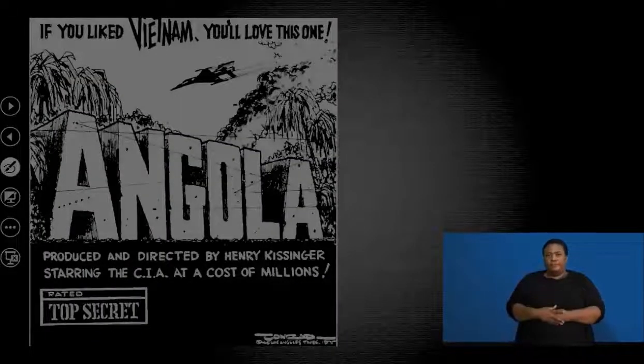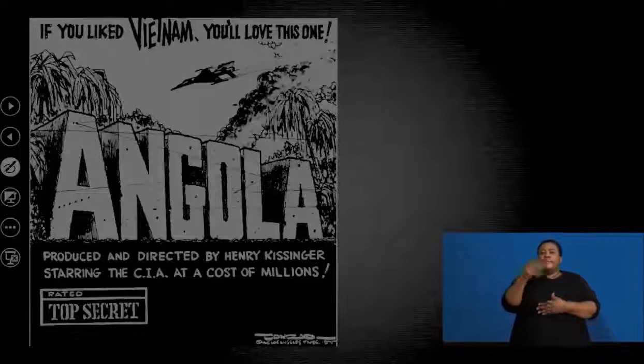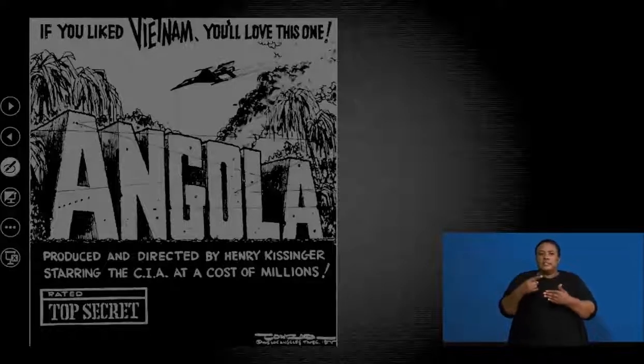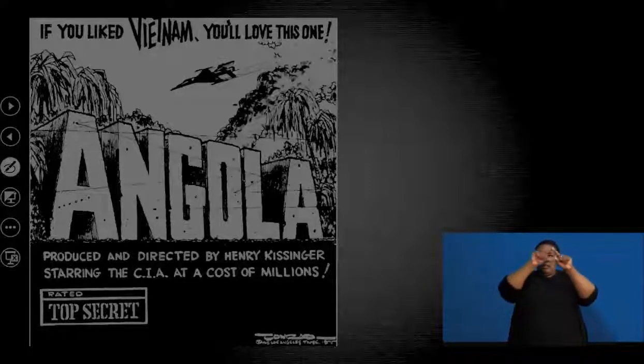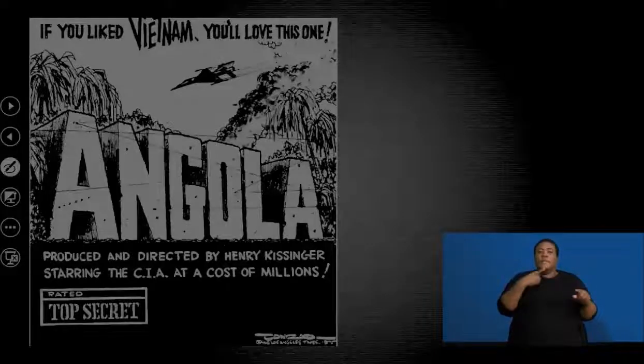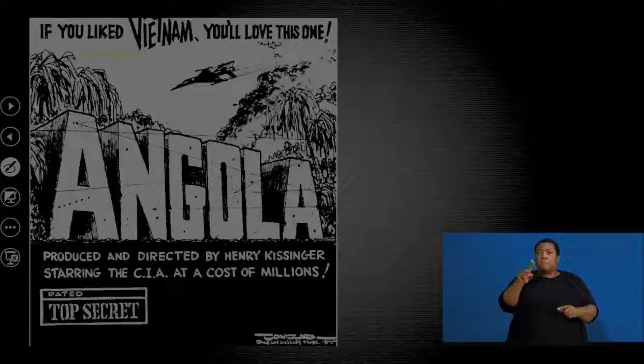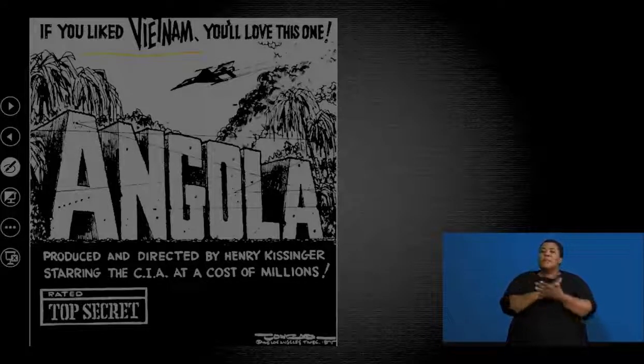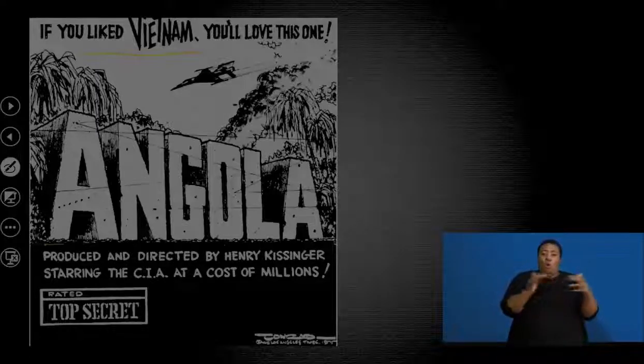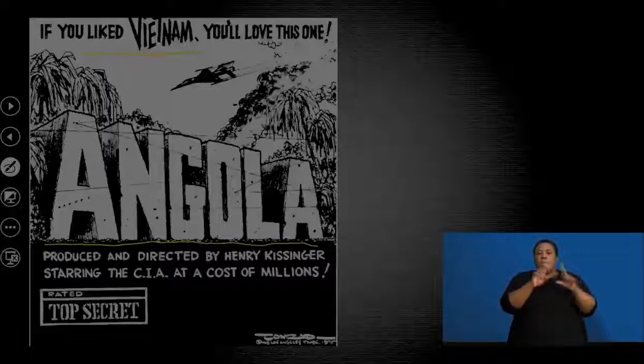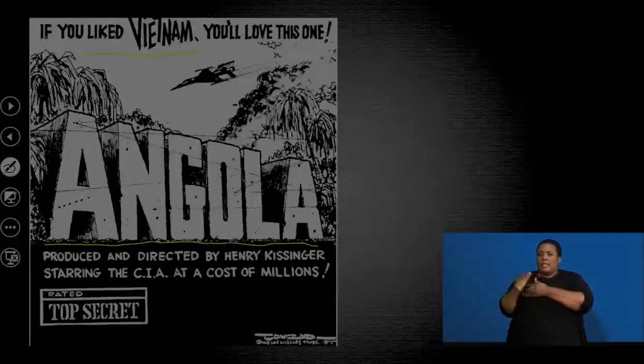So you can see this is a cartoon and there is the text, as I said before, that it's very important to look at the text. It says, if you liked Vietnam, you'll love this. So already you can see that there is a comparison here between the war in Vietnam and the war in Angola. And you can see the word Angola is written in big letters.